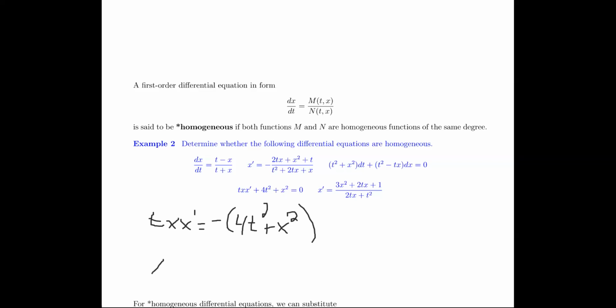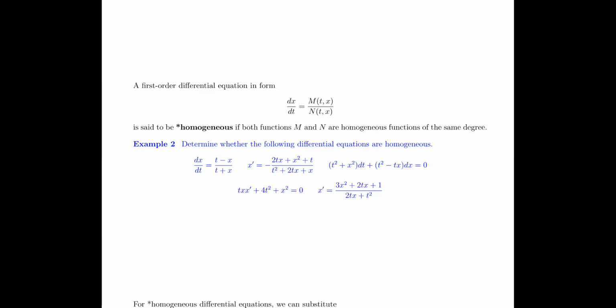So we get x prime is equal to negative 4t squared plus x squared all over tx. Again, the numerator is a homogeneous function of degree 2. The denominator is a homogeneous function of degree 2. So this is a star homogeneous differential equation. All right. And in this final one, we get degree 2, degree 2, degree 0. So this is not a star homogeneous function.